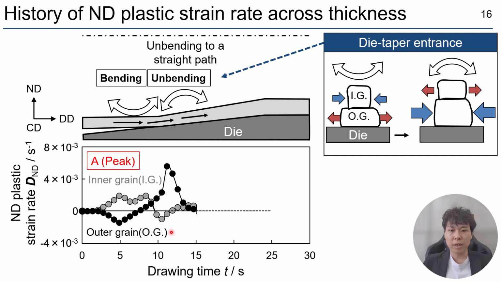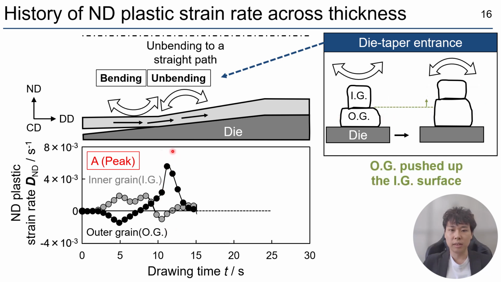The key point here is that the ND plastic strain rate reached its maximum on the outer surface in the approach region. Since the outer surface is in contact with the die, like this, a large compressive bending stress acts here. This likely caused the outer grain to elongate strongly in the ND direction.